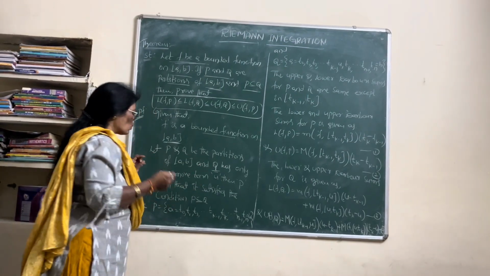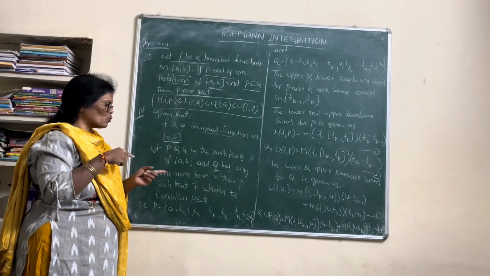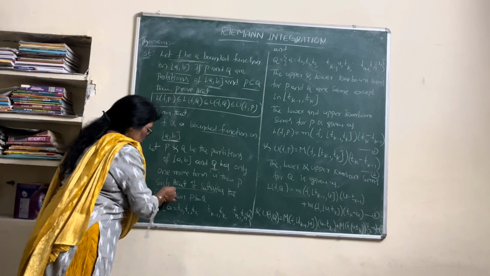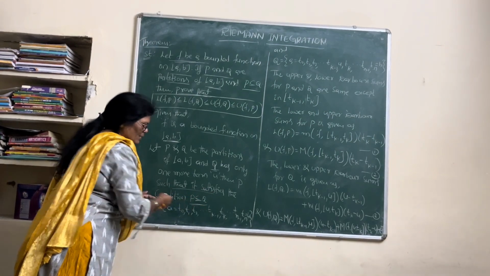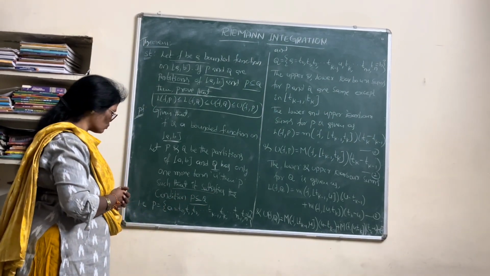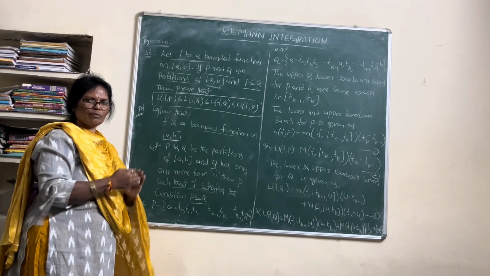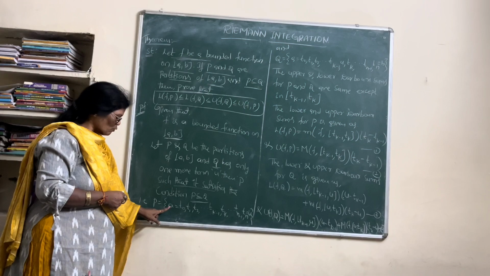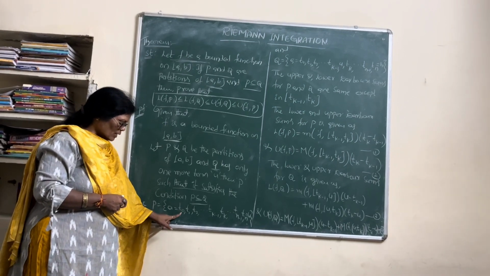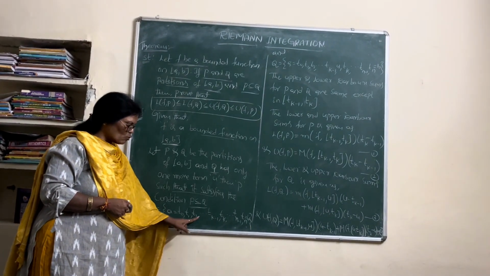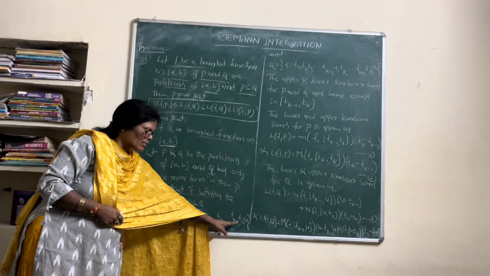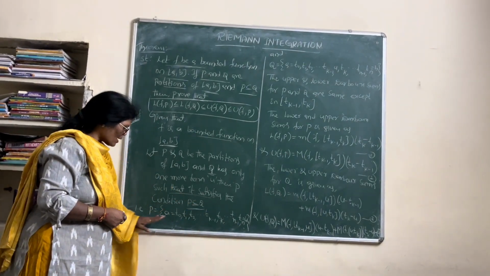Q has only one more point than partition P, so it should satisfy the condition that P is a subset of or equal to Q. Partition P is the set of all elements a = t0, t1, t2, and so on, t(k-1), tk, t(n-1), tn = b. This is the partition P.